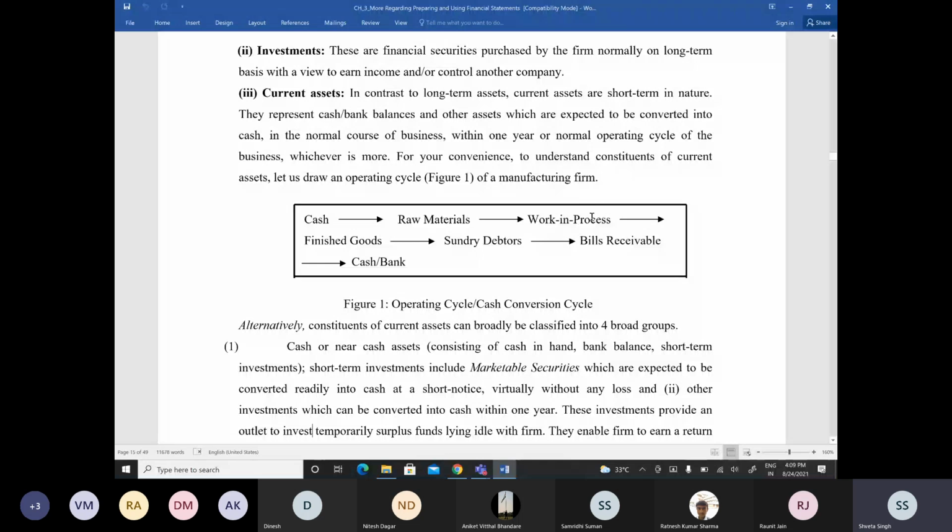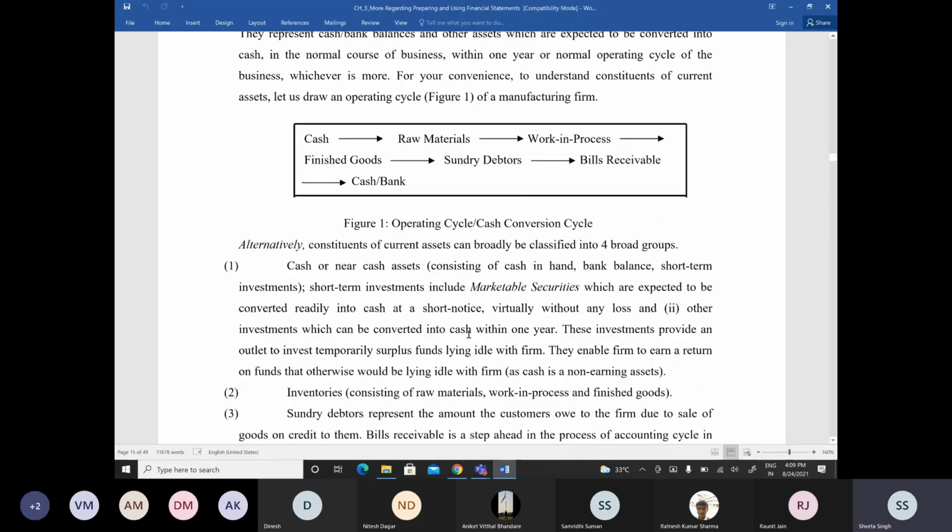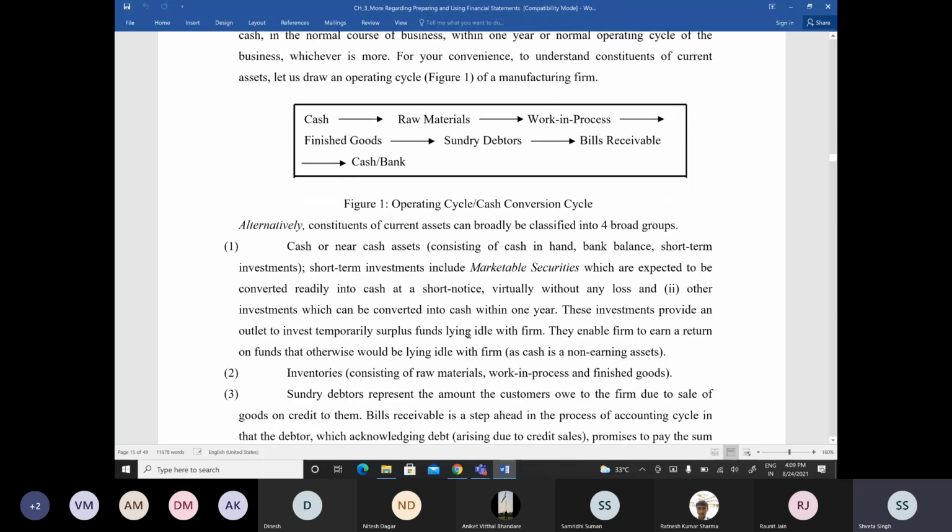Finally, when we collect it from them, we have more cash, and this denotes the entire operating cycle. It is also called the cash conversion cycle because we are basically converting cash back to cash, and it is also called C to C, that is cash to cash cycle, or 3C, cash conversion cycle. Then these are all your current assets, their description.